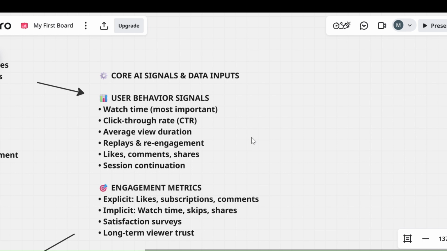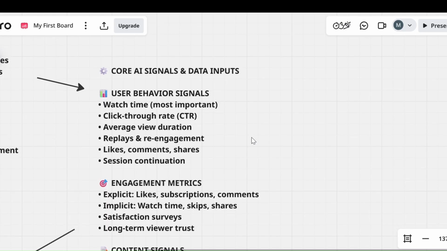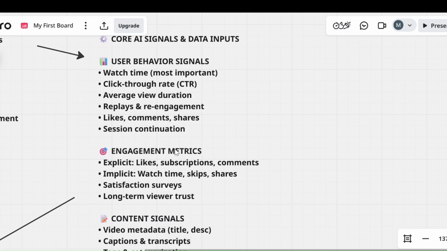For example, one user repeatedly watching the video again, and likes, comments, subscriptions. The second thing is engagement metrics: how many likes, subscribes and comments your videos get. The AI is always calculating this data to push your video to others. It helps you get more reach.